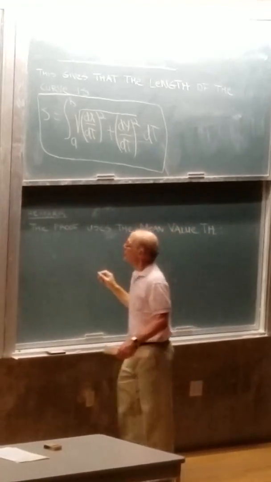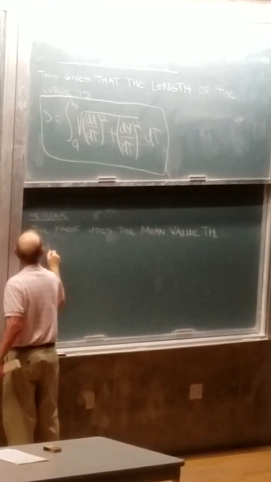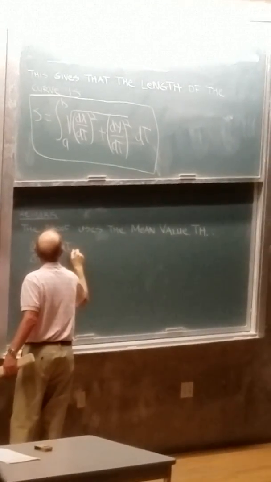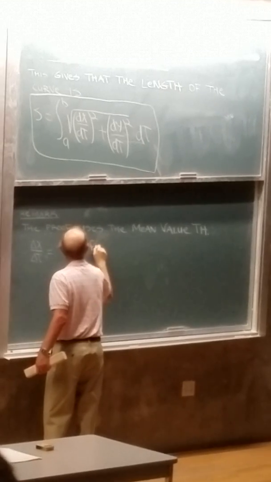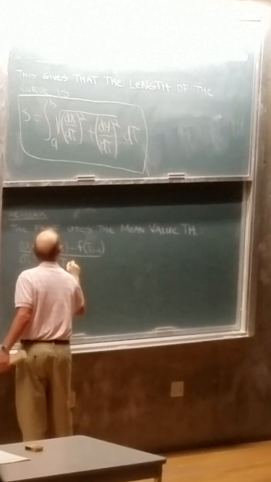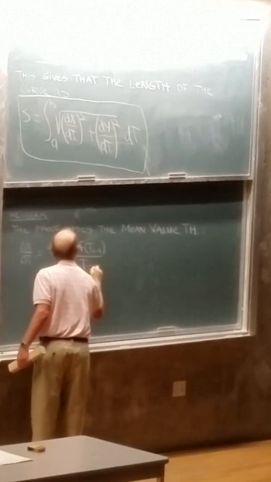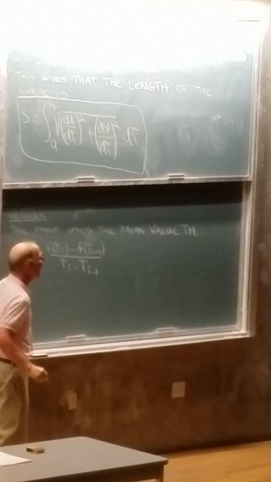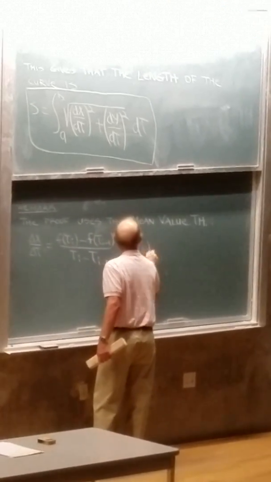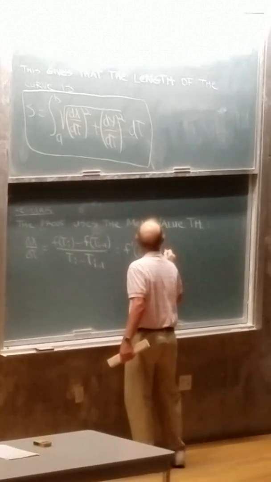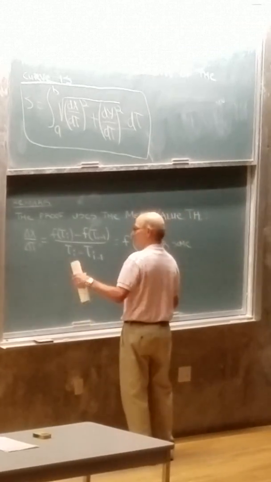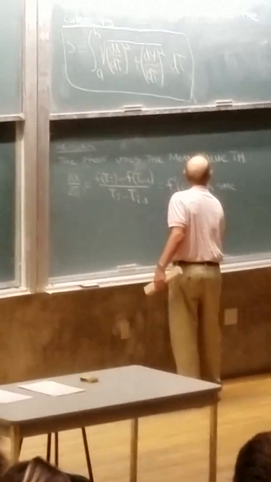In other words, delta x over delta t is equal to f of t sub i minus f of t sub i minus 1, divided by t sub i minus t sub i minus 1 for the ith subinterval. And by the mean value theorem, this is equal to the derivative f prime at some number c between t sub i minus 1 and t sub i.